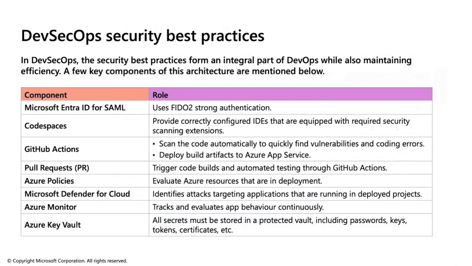If there is any need, we can call this Key Vault to access the credentials, certificates, and tokens in any process, in any kind of deployment. This is something we should consider when we are talking about DevSecOps best practices.